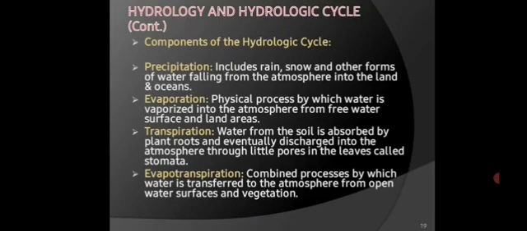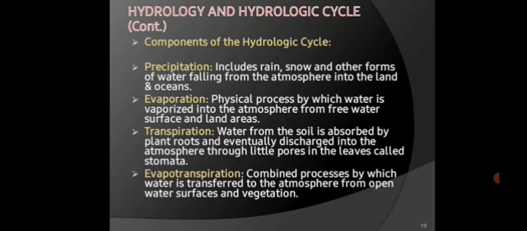Second term is evaporation. It is a physical process by which the water is vaporized into atmosphere from free water surface and land areas. Transpiration: water from the soil is absorbed by the plant's root and eventually discharged into the atmosphere through little pores in the leaves called stomata.